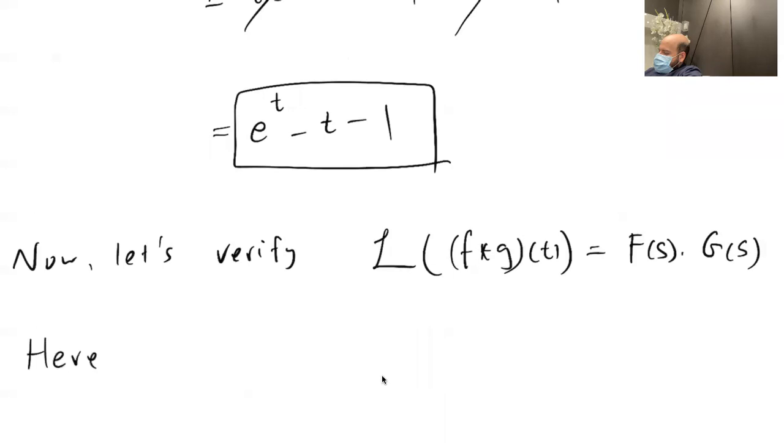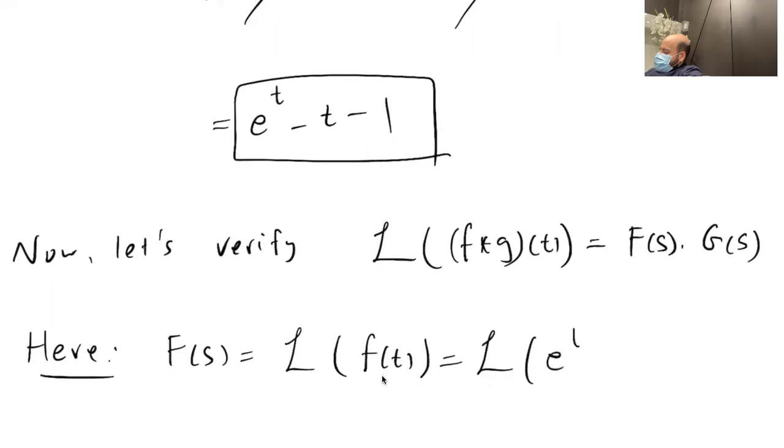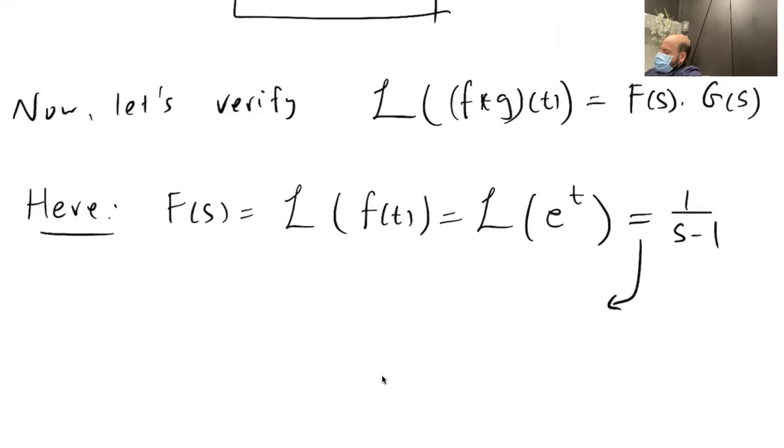So here, capital F of s is equal to Laplace transform f of t, which means Laplace transform f of t was e to power t, and we know that this is 1 over s minus 1. Laplace transform e to power at, if you remember, was 1 over s minus a.